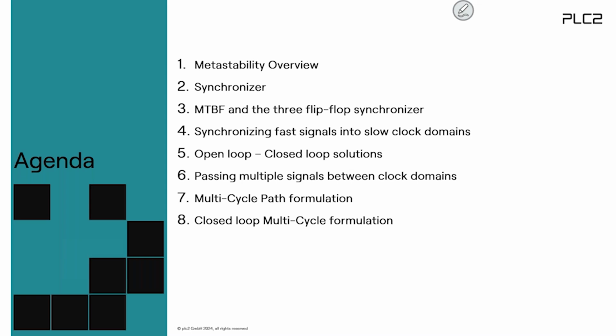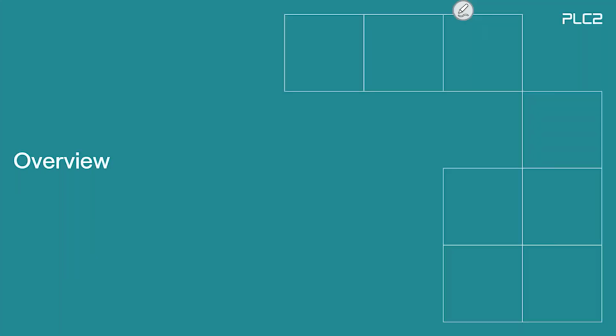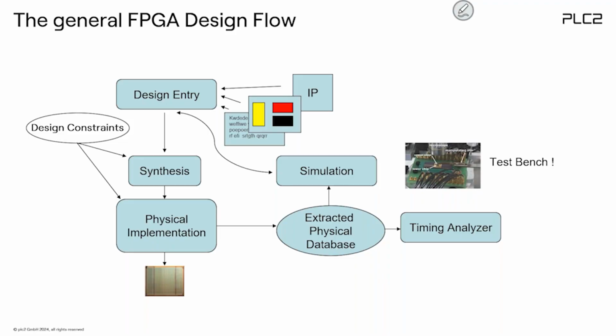We also need to talk about how to pass multiple signals between domains instead of single signals, multi-cycle path formulation, and closed loop multi-cycle path formulation. So these are the typical solutions we can use for CDC.